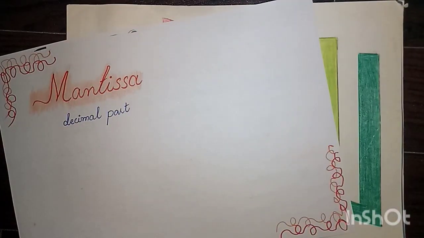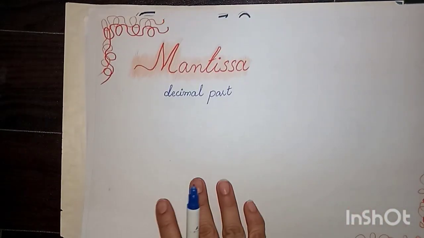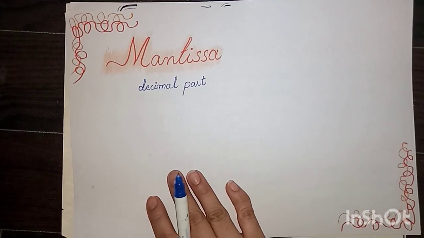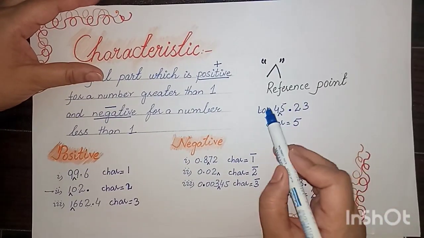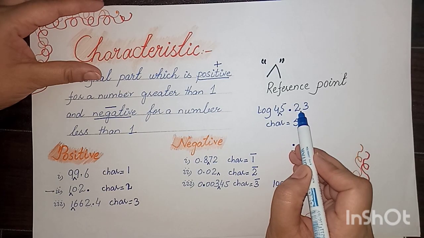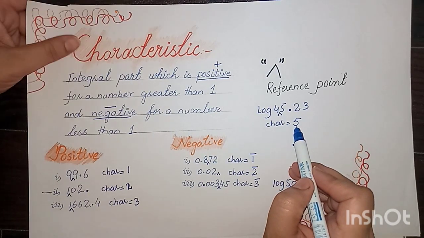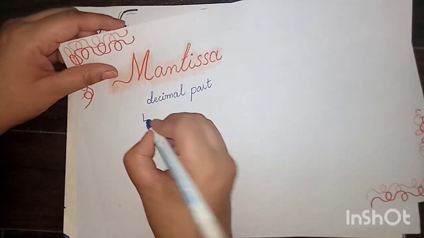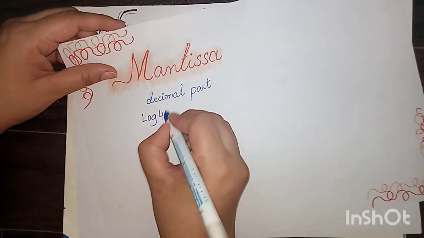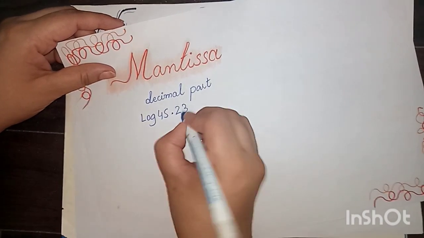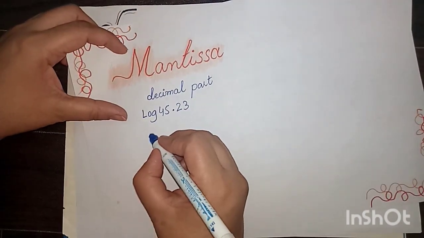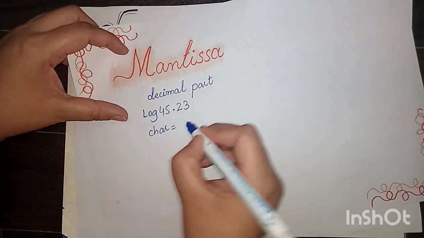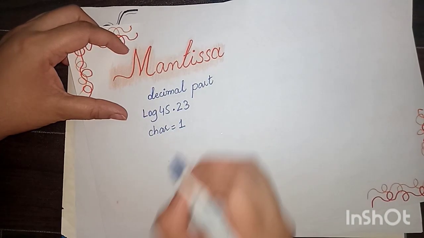So for the mantissa, we will find the mantissa of log of 45.23. First we will find the characteristic, which is equal to 1.